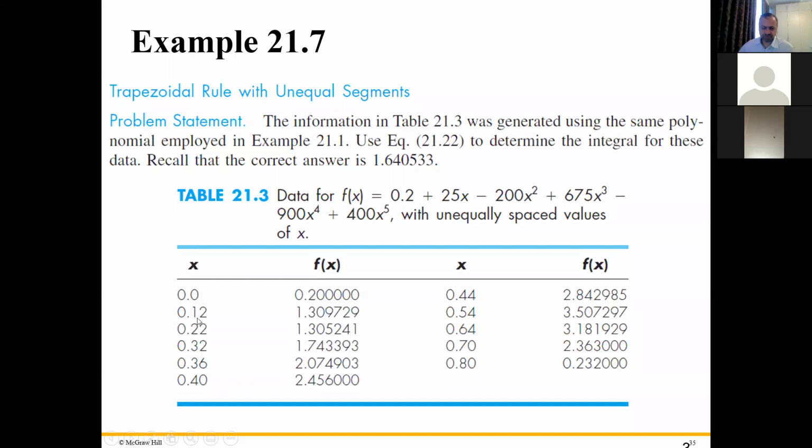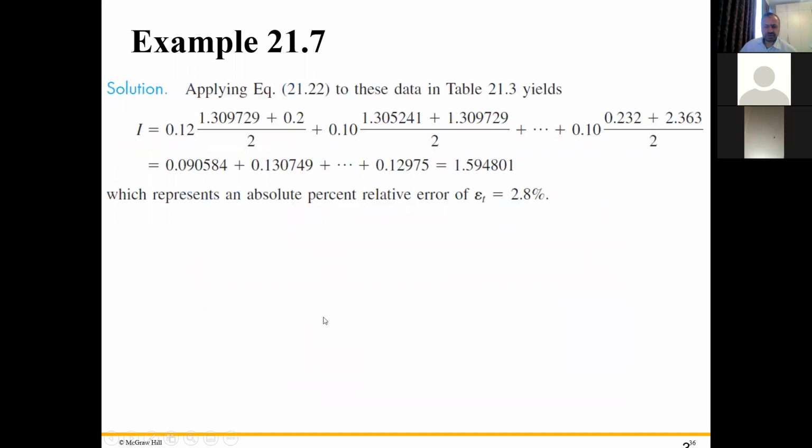If we put x is equal to 0.12 into this equation, then we get this value, okay, 1.309. So 0.2 plus 1.3097, and then you will divide by 2. So you will get this answer, and then so on, you will add it.